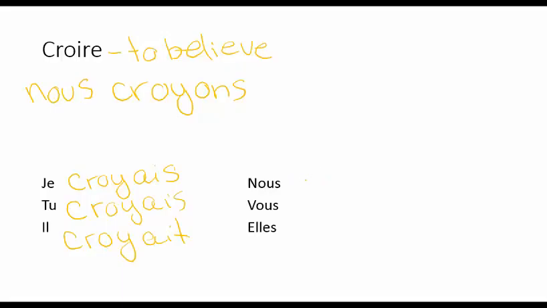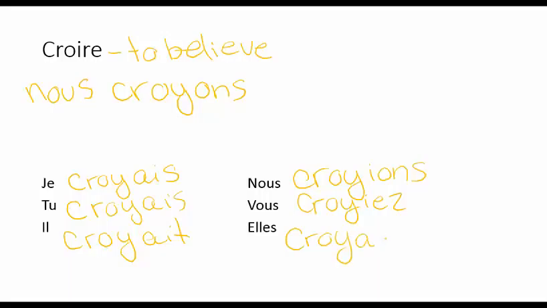Nous croyons. 1, 2, 3, 4. 4 vowels. Vous croyez. And elle croyait. 1, 2, 3, 4, 5. Lots of vowels in that one.